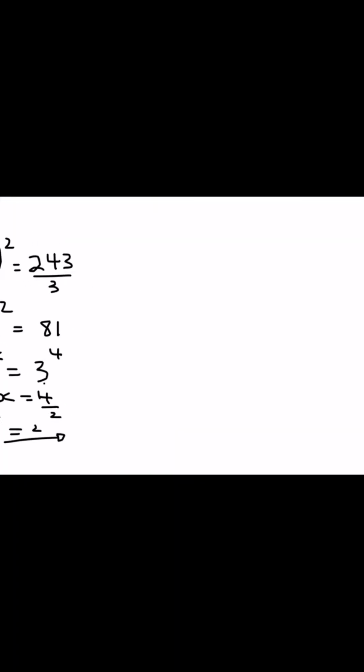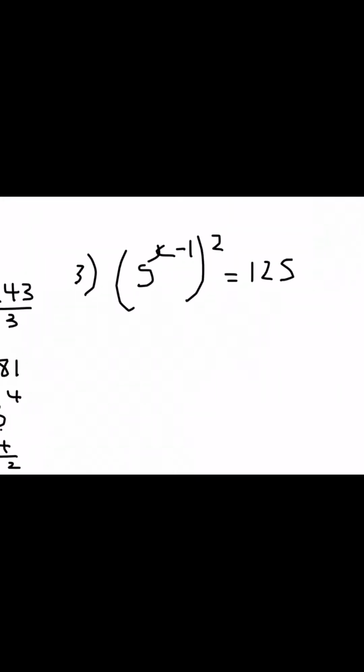Let's see, maybe I can squeeze in. Okay, let's do problem number 3, where you have 5 to the exponent of (x minus 1), close the bracket, and this is being equated to 125. Again, you have the brackets.